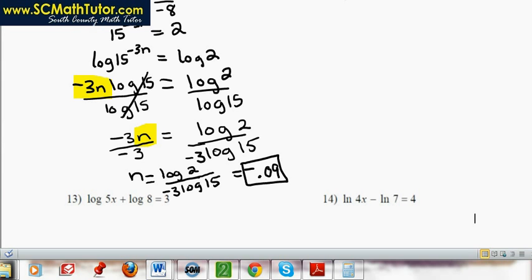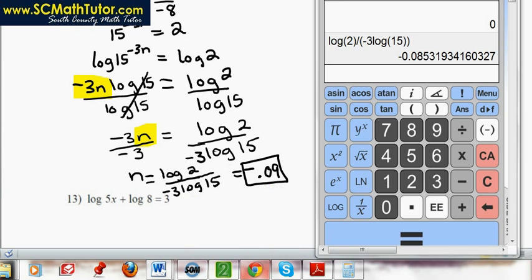Now let's say you use natural log, ln. That's fine, you will still get the same answer.